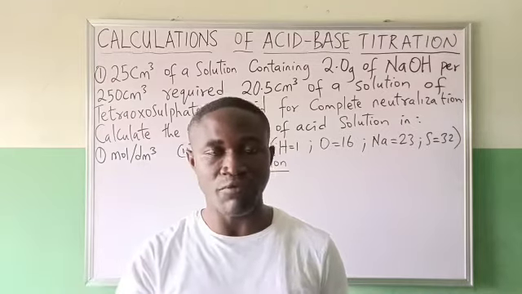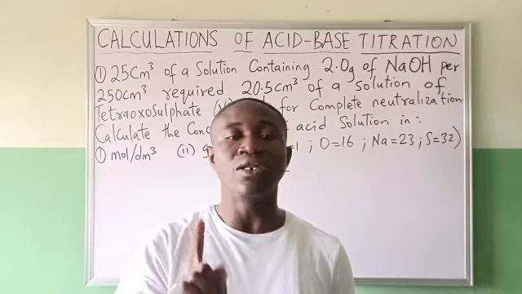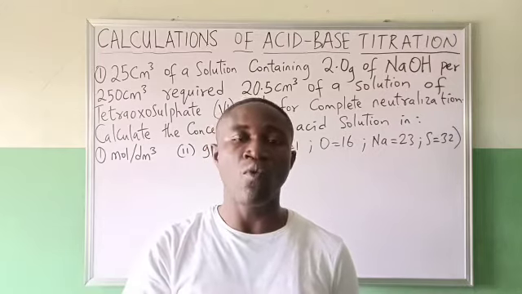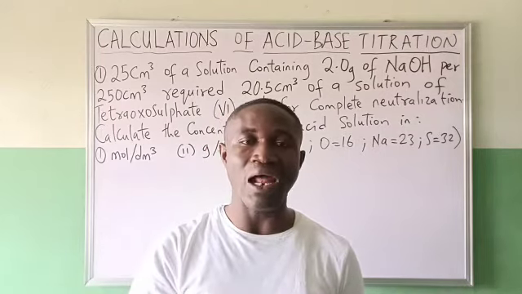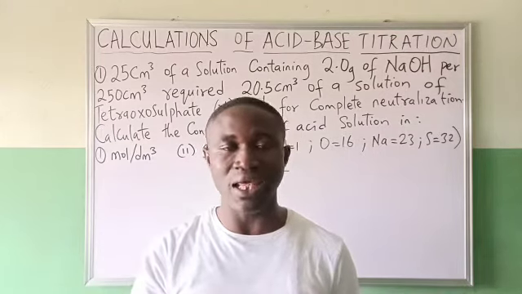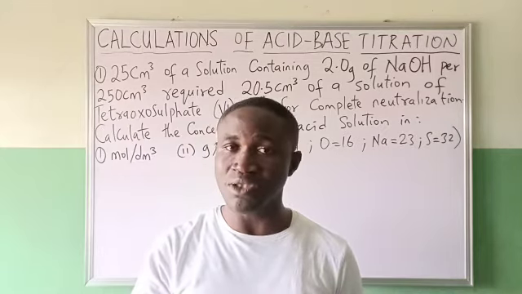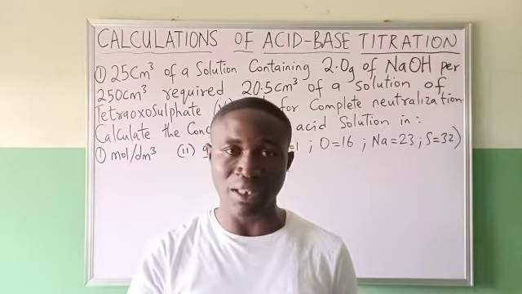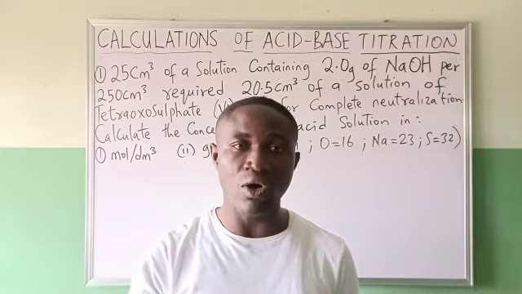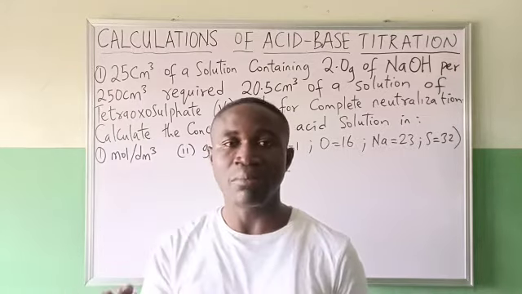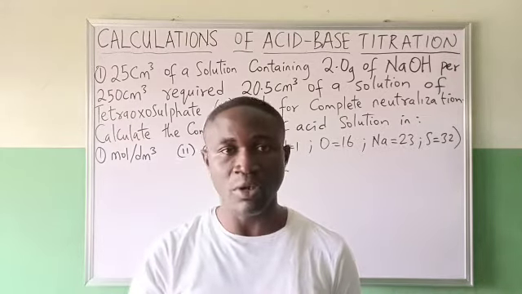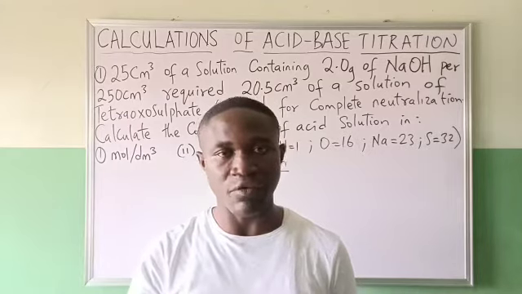When we have a weak acid and weak base, you can use any indicator. That means we have many indicators in volumetric analysis: methyl orange, phenolphthalein, methyl red, bromothymol blue, and so on.